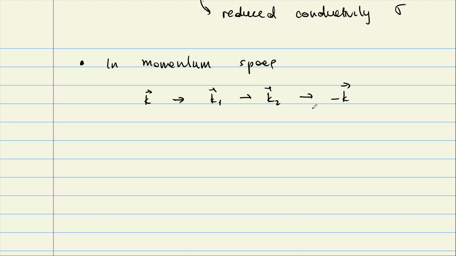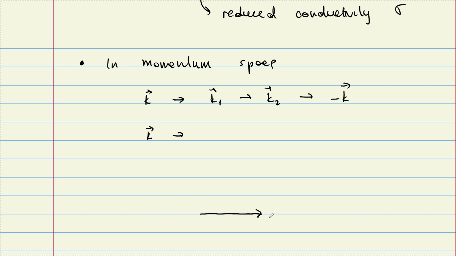So we can also formulate the same thing in the momentum space, right? In the momentum space, so the path: you start with k, you scatter to some k1, you scatter to some k2, dot dot dot, and eventually you go to minus k. And this thing has exactly the same amplitude as starting with k and going to, okay, let me try to show the picture here.